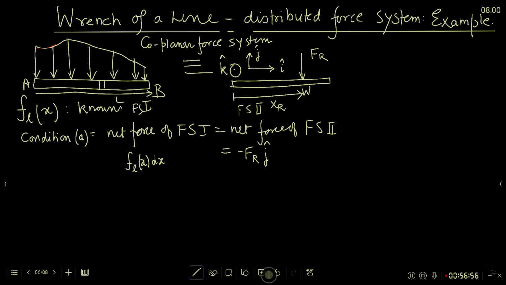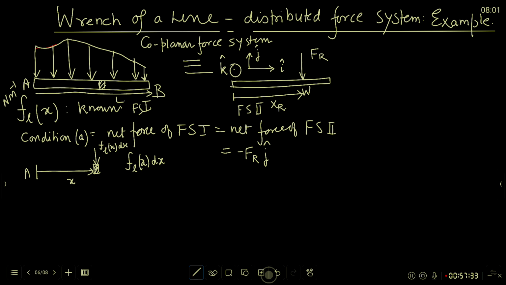So I'm considering a segment of the RB which is at distance x from A, and on this I have this force Flx dx acting on it, right? Mind you, Flx is the characterizing function of this distributed force system with units being Newton per meter. So this must be the force only on this part of the segment.